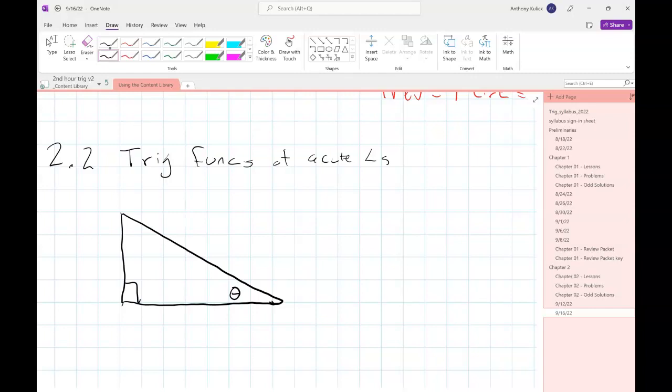If I'm looking at a right triangle and this angle theta that I've drawn in, this side in yellow I would call opposite, adjacent, or hypotenuse? Adjacent. Good. And this side in green would be opposite. And this side in blue, hypotenuse.